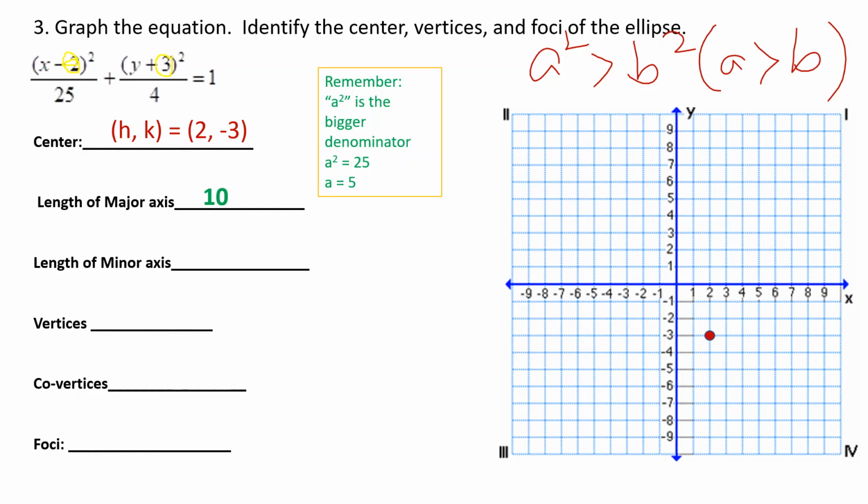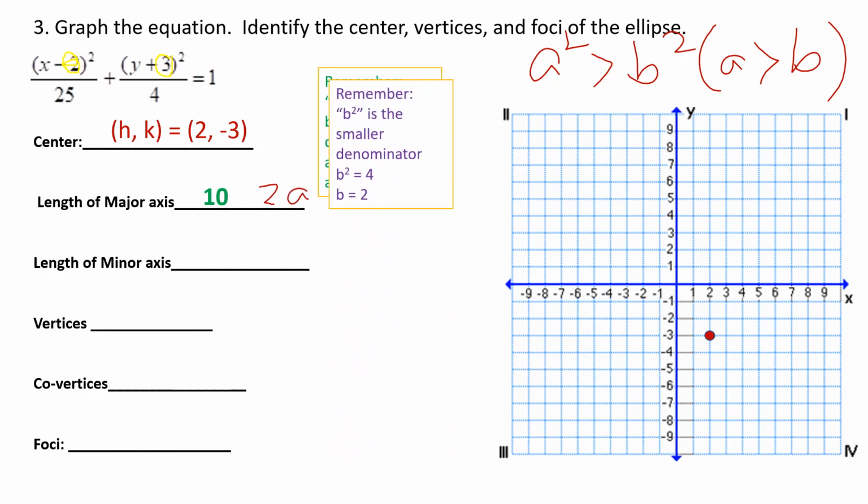And the major axis has a length of 2a, always. The minor axis is the smaller denominator, and its b squared is 4. That means b is 2. That means the length of the minor axis is 2b, which is 2 times 2, 4.